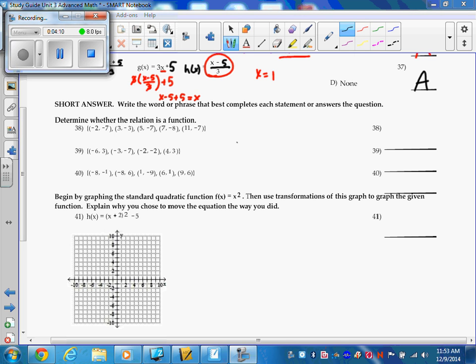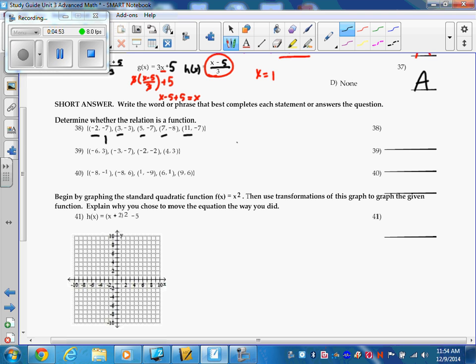In number 38, tell whether the relation is a function. In this problem, we have a set of ordered pairs: negative 2, negative 7; 3, negative 3; 5, negative 7; 7, negative 8; and 11, 7. You can see all of the x values are different. This would not be a function if two different x values gave you the same y.